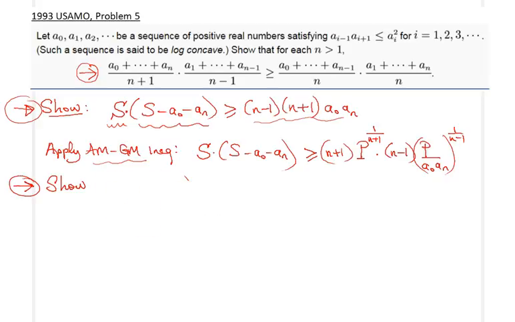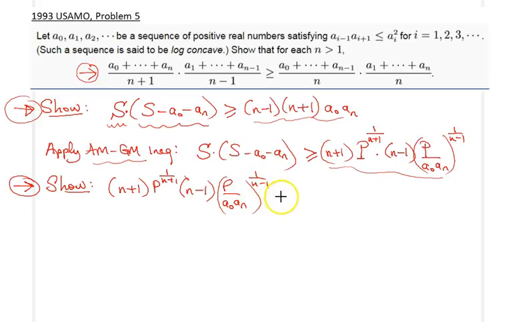So this expression, if I can show that n plus 1 times p to the power 1 over n plus 1, plus n minus 1 times p over a sub 0 a sub n raised to 1 over n minus 1, if I can show that that expression is greater than or equal to the right hand side up here, that proves a stronger result, because I know my left hand side is already greater than this.